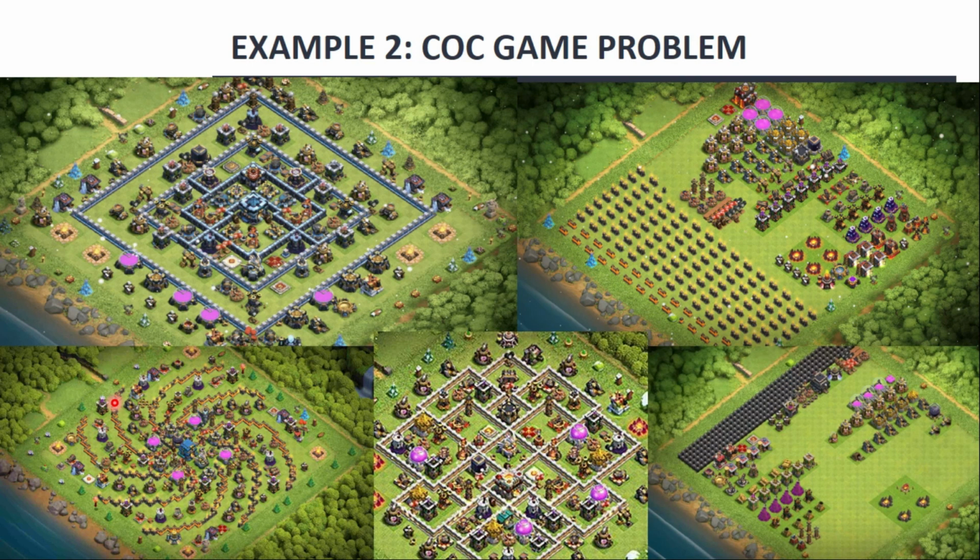There can also be optimization in attacking. If I want to attack someone else's base, I have to take giants, wizards, archers. If you have not played this game, you can think of them as human beings we need to send to attack some other country. So which human beings should we take, which equipment, which weapons?